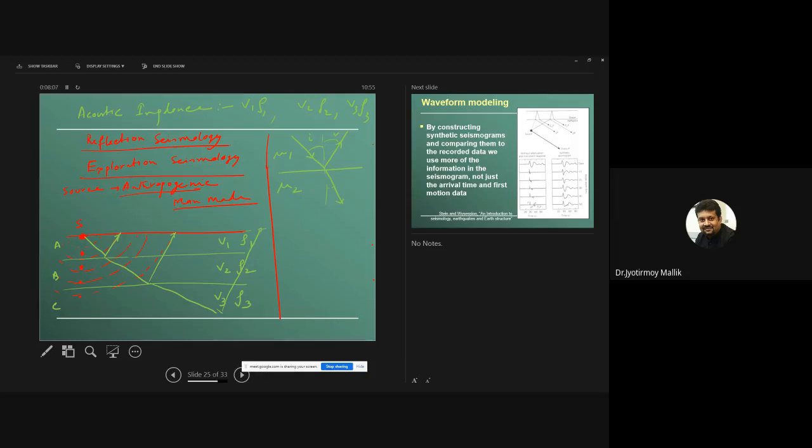It would follow principles similar to optical rays. Here, the reflection and refraction is controlled by the refractive index of the medium, but for elastic waves it is controlled by the acoustic impedance. This is the basic principle that we are going to use in exploration seismology.